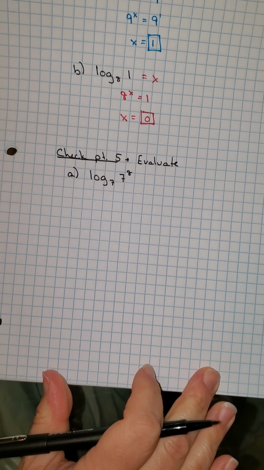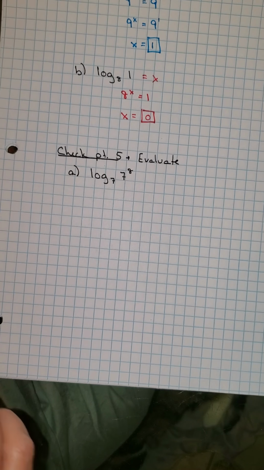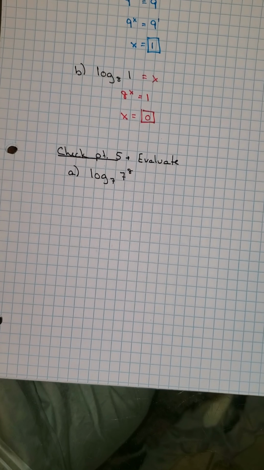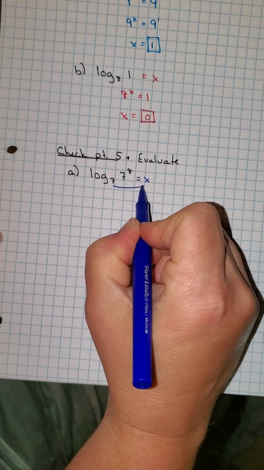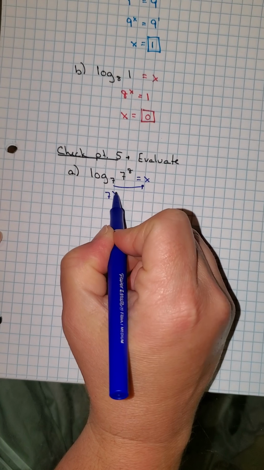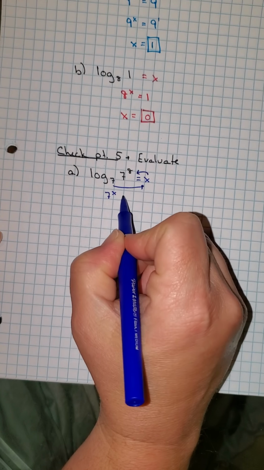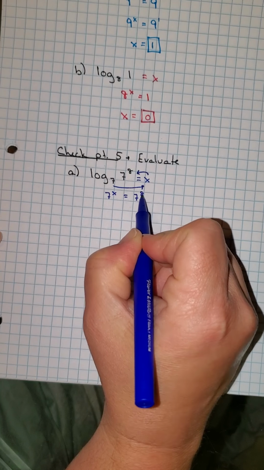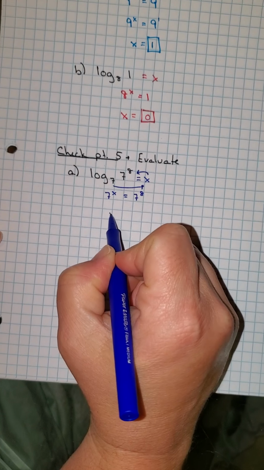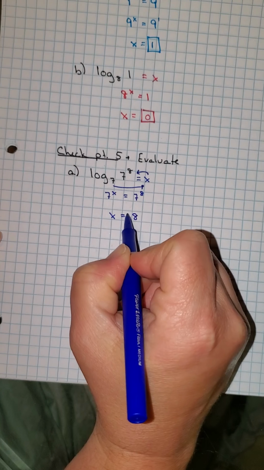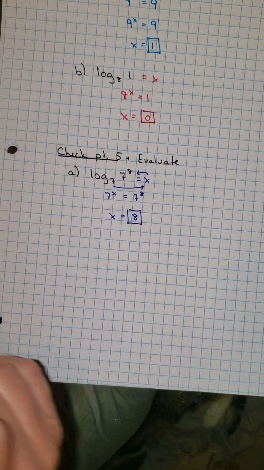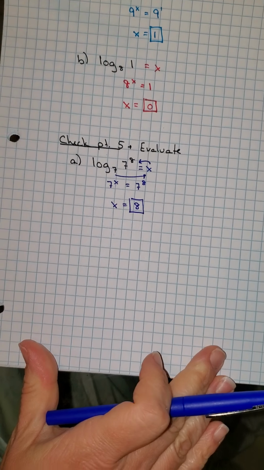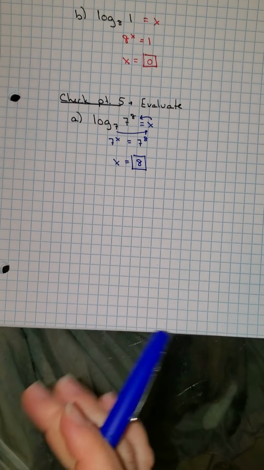Both of these, the A and B in checkpoint 5, I say just look for the odd man out, and that's going to be your answer. If we set this equal to x, you have 7 to the x equals 7 to the 8th. So you drop your bases, x would have to be 8. And that's your answer, and it's the odd man out, because 7 to what power is 7 to the 8th? It would have to be the 8th power.